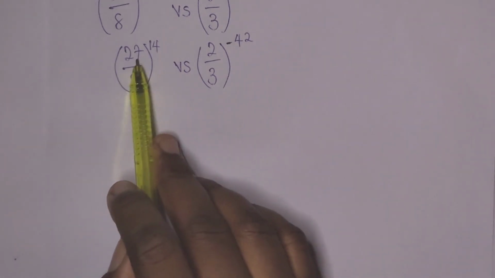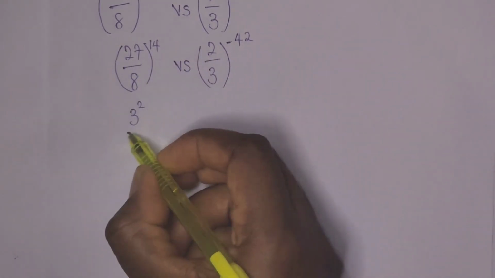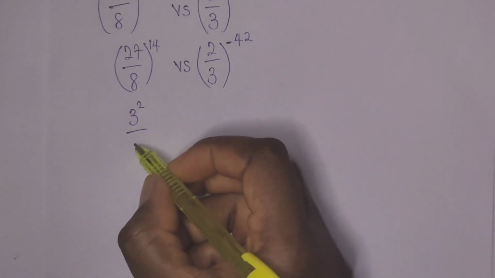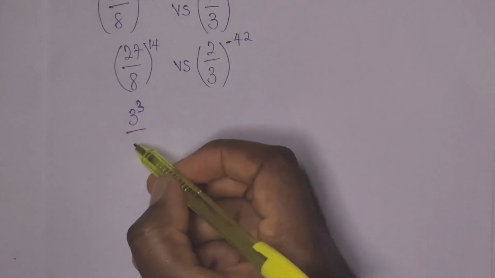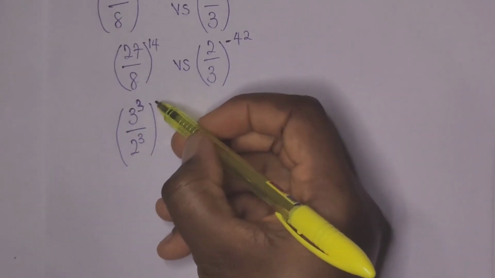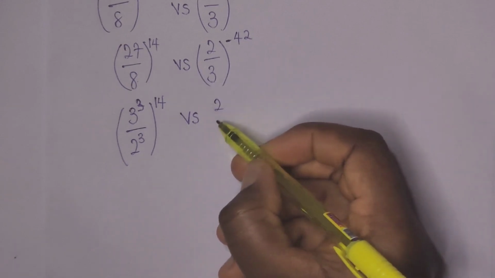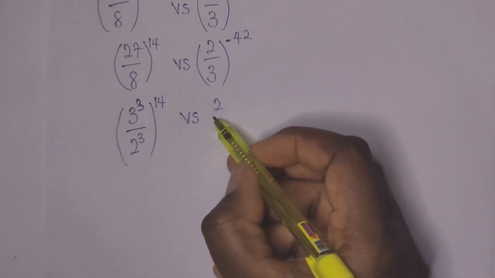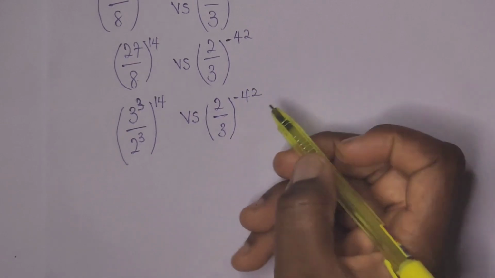But then we can reduce this 27 to be written as 3^3 and 8 to be written as 2^3, further raised to the power of 14. And we have (2/3)^(-42).